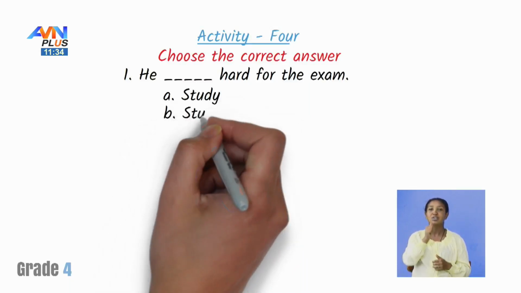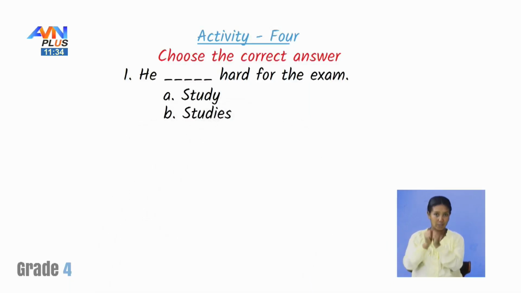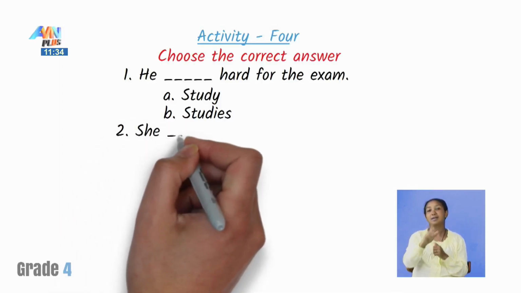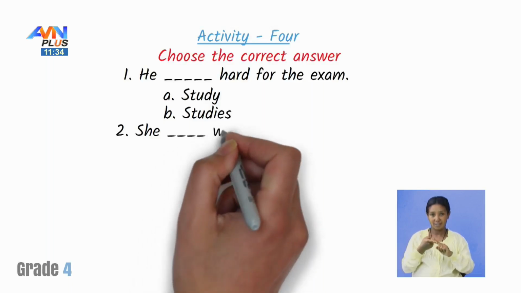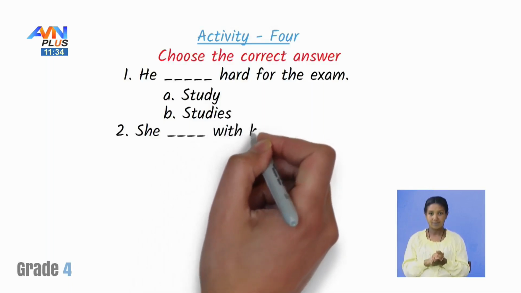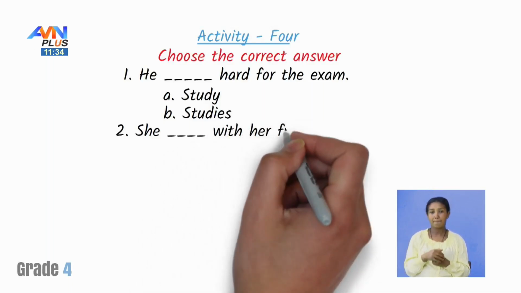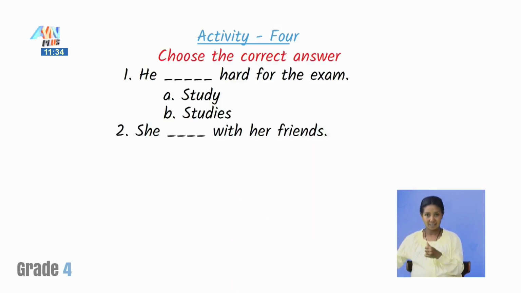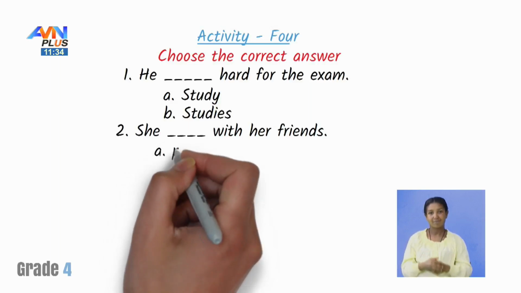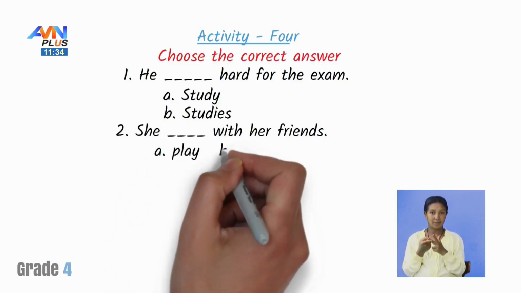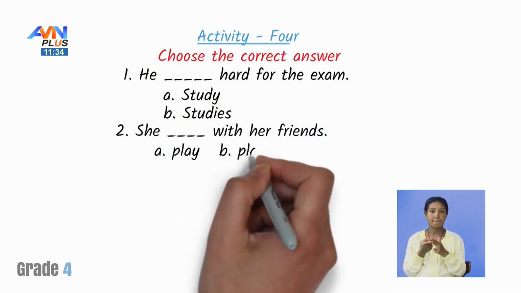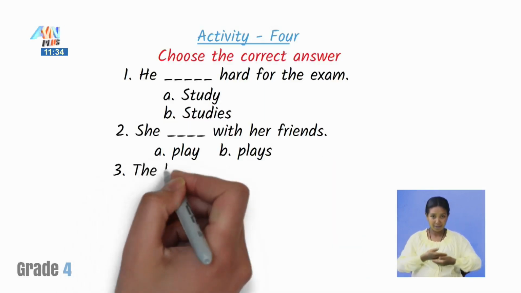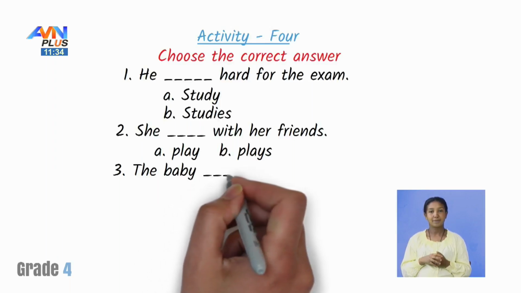She blank with her friends. A, play. B, plays. 3, the baby blank loudly.